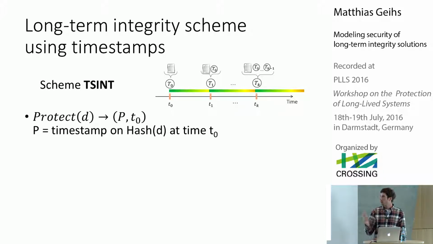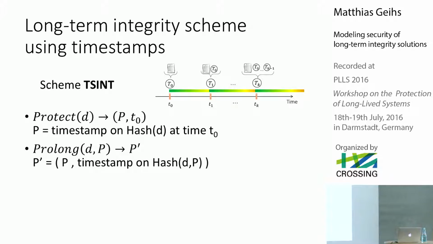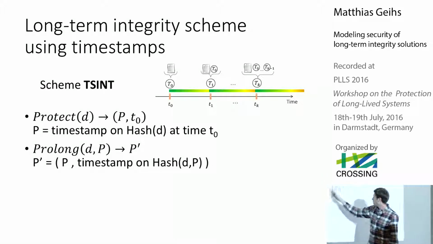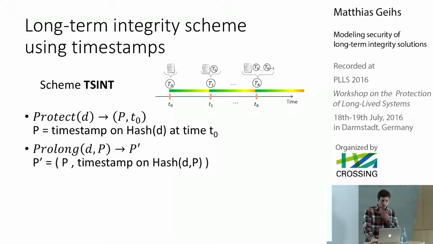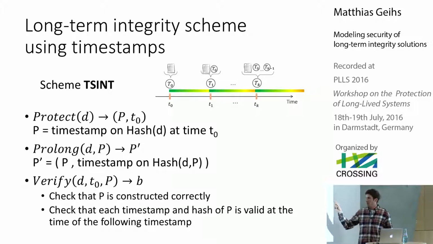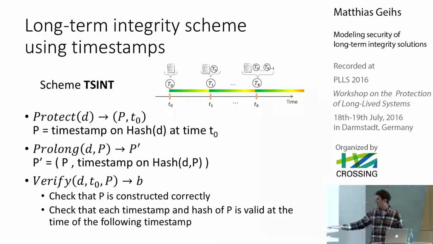The prolong algorithm takes all the previous timestamps contained in the current integrity proof, plus a timestamp on the document and all the previous timestamps. And last but not least, we have the verification algorithm, which checks that every timestamp refers to all the previous timestamps and the document, which is the first condition. The second condition is that the schemes were valid when they were used.